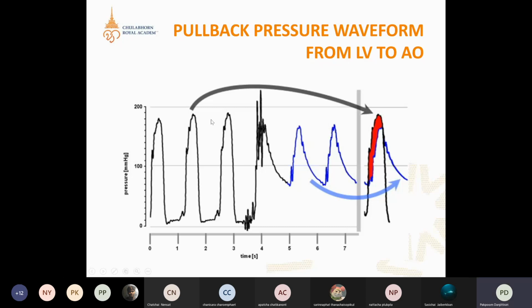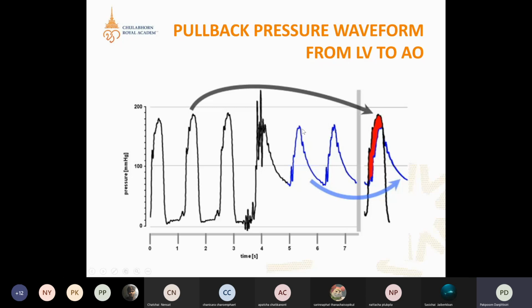As I said earlier, if the patient has no sign of stenotic aortic valve disease, the systolic pressure of the LV should equal the systolic pressure of the aorta, right?